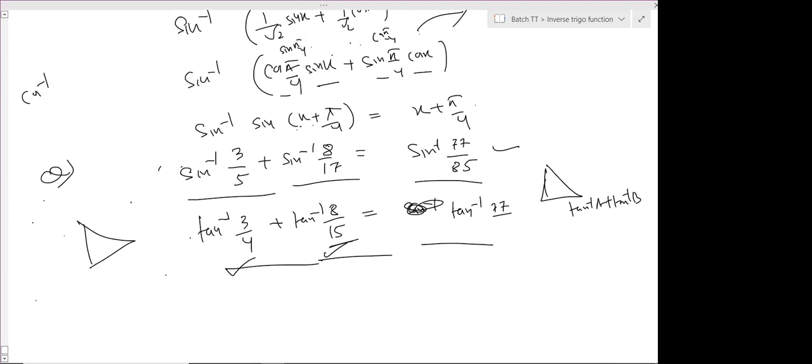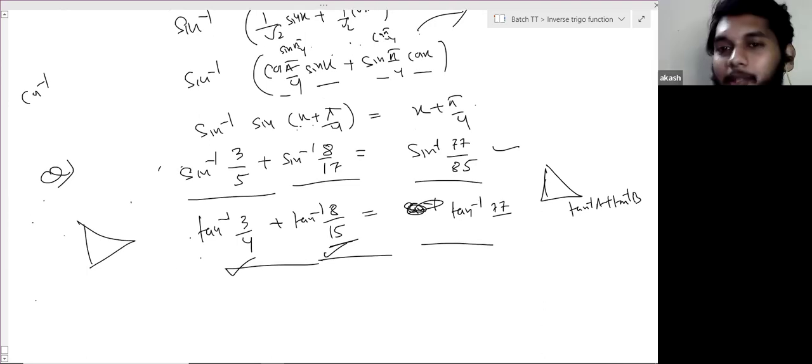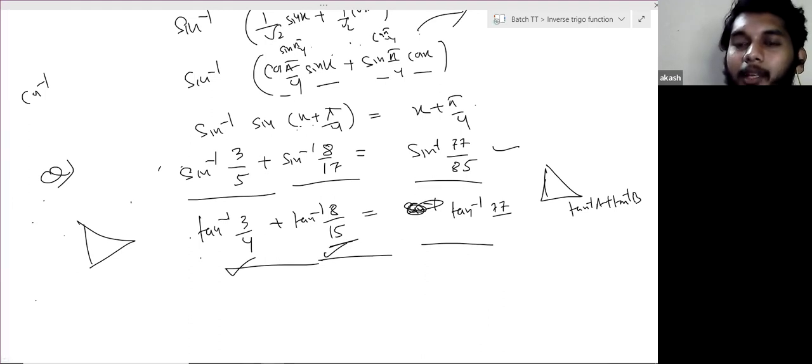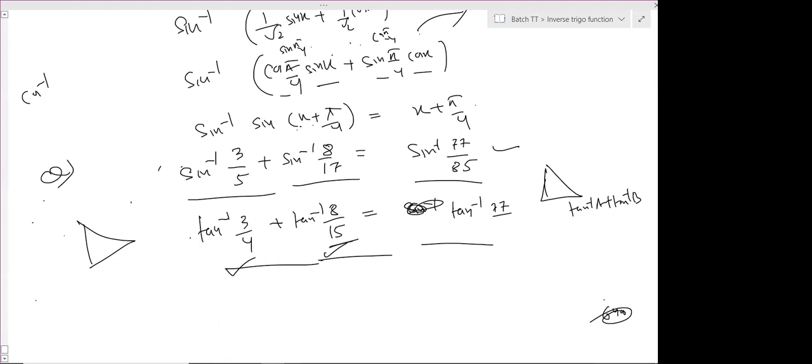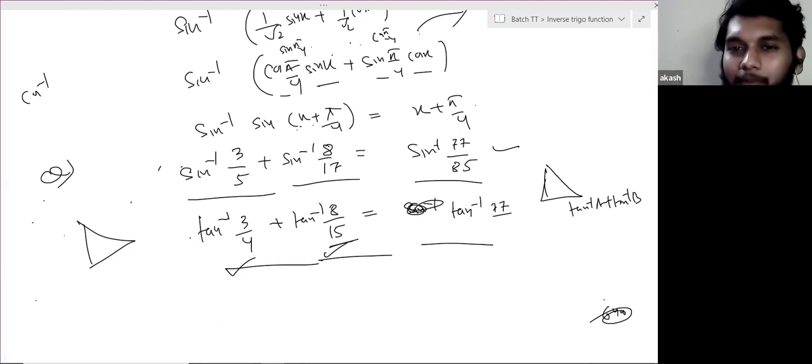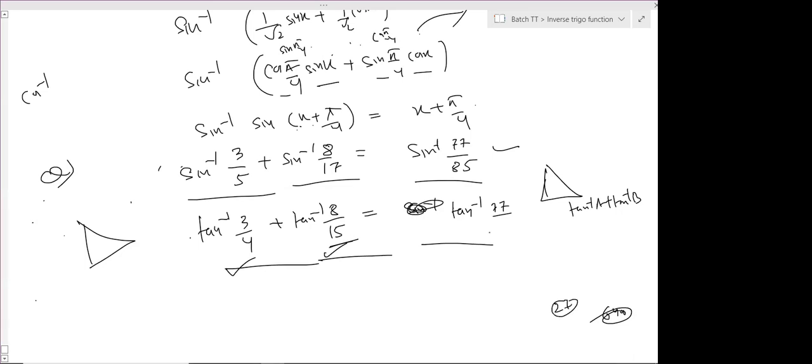And this step, let me tell you, 85 square is, let me calculate. 80 square is 64 and so on. Just tell me. I don't want to find it. Sir, the square is 7225. 7225 and 77 square is... What is the square of 77? 5929.